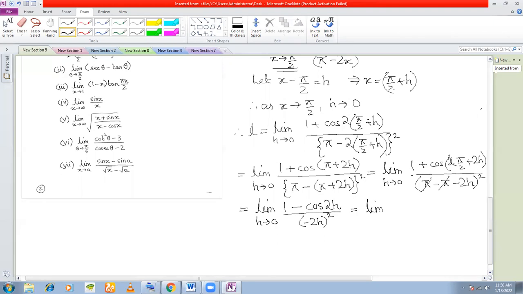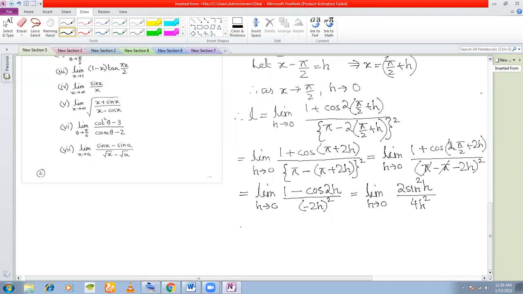So limit h tends to 0, 1 minus cos 2h. From your multiple angle formula, you can write this as 2 sine square h divided by 4h square. So now what can you do?